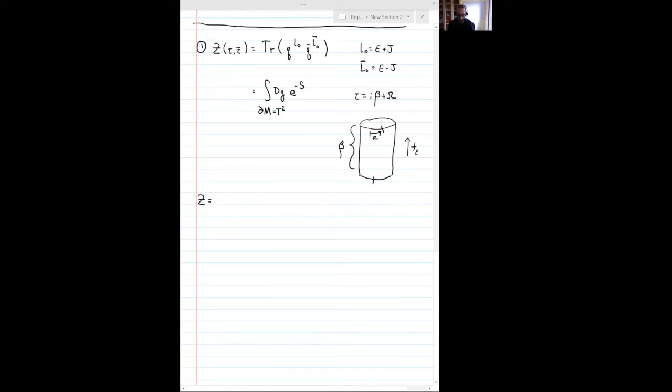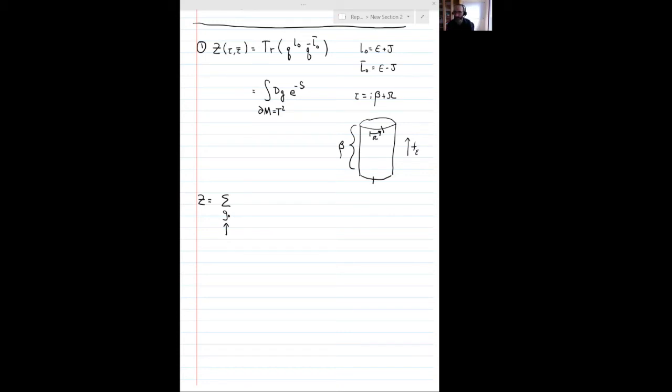So in a classical theory, the way that I would compute this is by summing over all classical solutions to the equations of motion. What are these solutions? These solutions are locally Euclidean AdS geometries whose boundary is a torus. Euclidean anti-de Sitter space is hyperbolic 3 space.